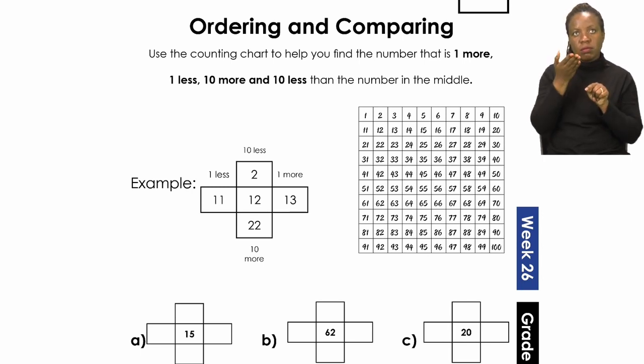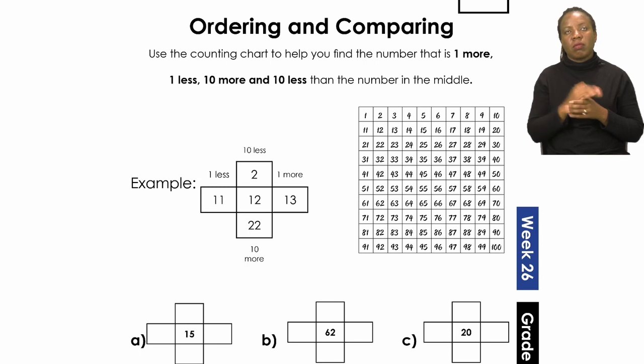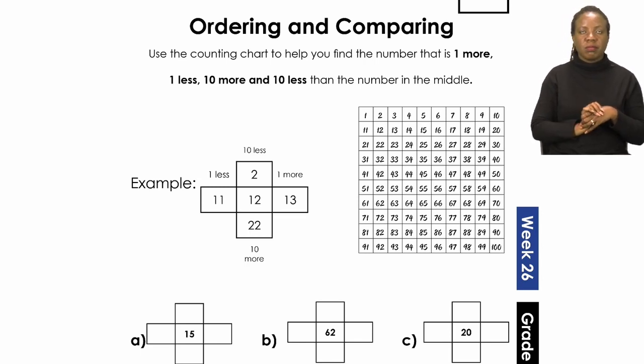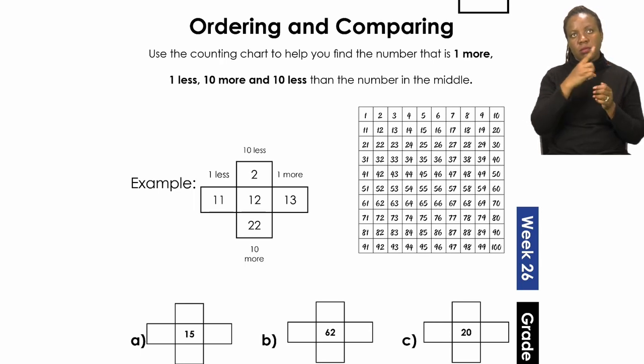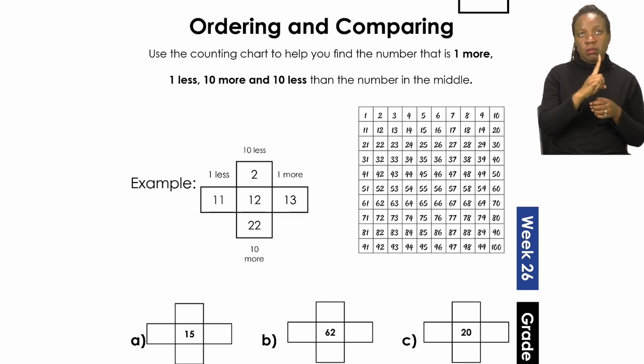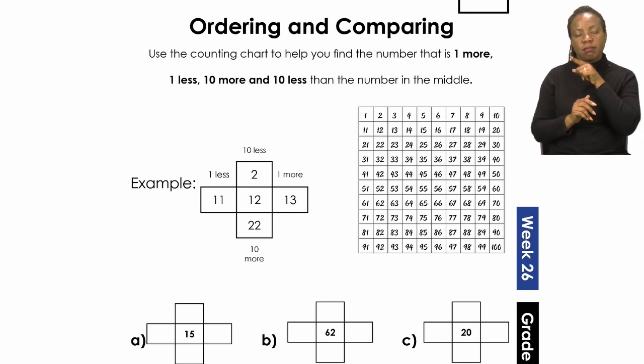Now what is 10 more than 12? 10 more is 22. Then we move over and we look to the block on the left. The block on the left is 1 less than the number 12. 1 less than the number 12 is 11. And the block to the right is 1 more than 12, which is 13.